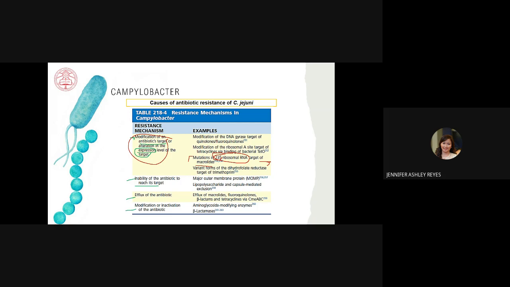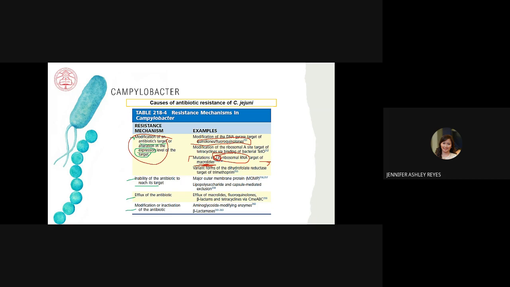So, if the target site 23S is altered, there will be a problem in the development of proper antibiotic treatment. So there are several point mutations that can cause problems with the 23S part of your ribosomal RNA. Another is pag ang Campylobacter becomes resistant to common quinolones or fluoroquinolones.